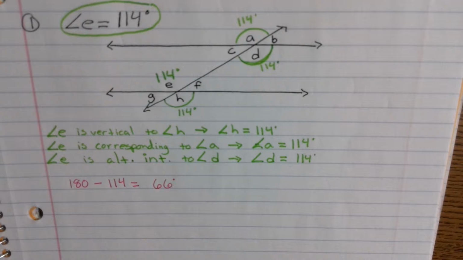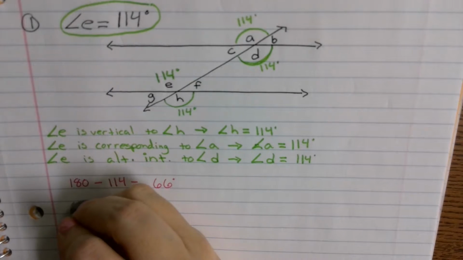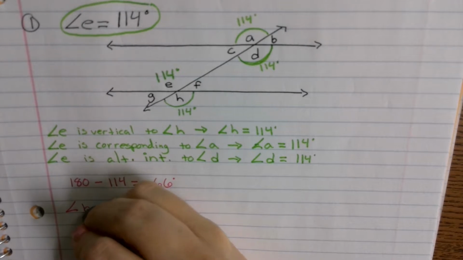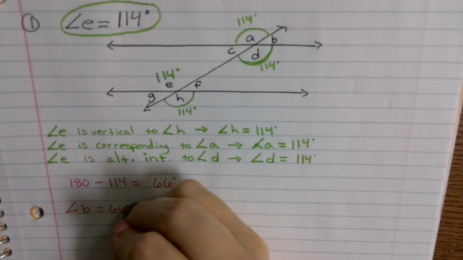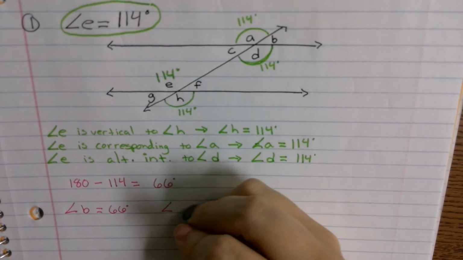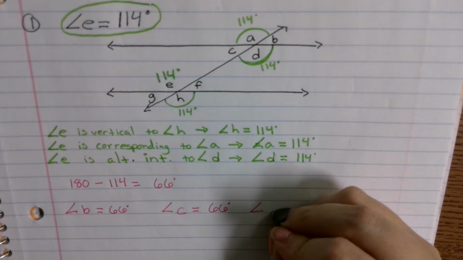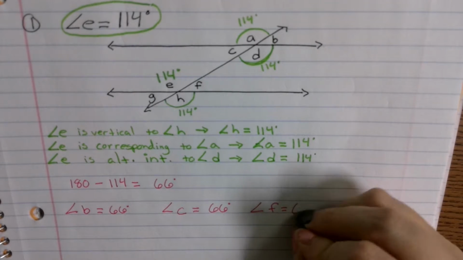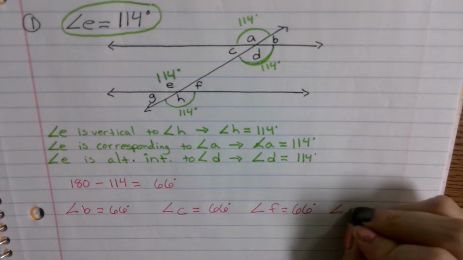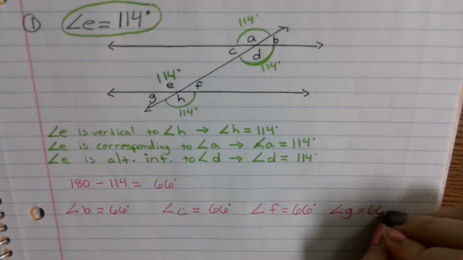So there's a lot of different relationships that you could identify there. But angle B is going to equal 66 degrees. Angle C is going to equal 66 degrees. Angle F equals 66 degrees. And angle G equals 66 degrees.